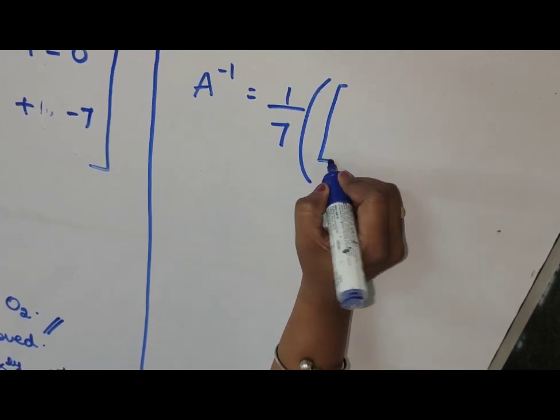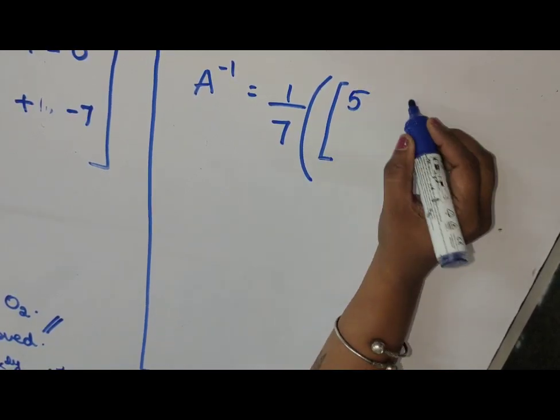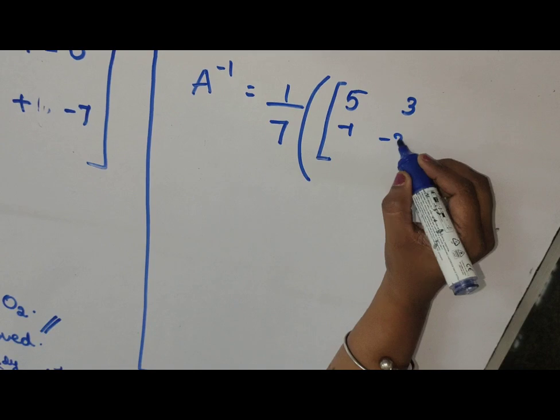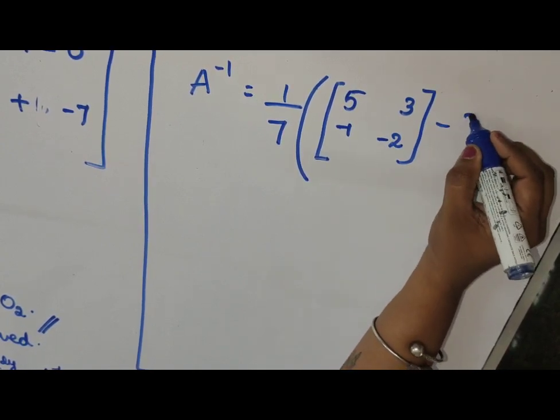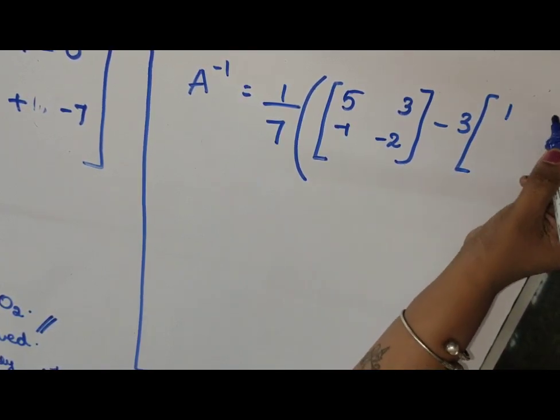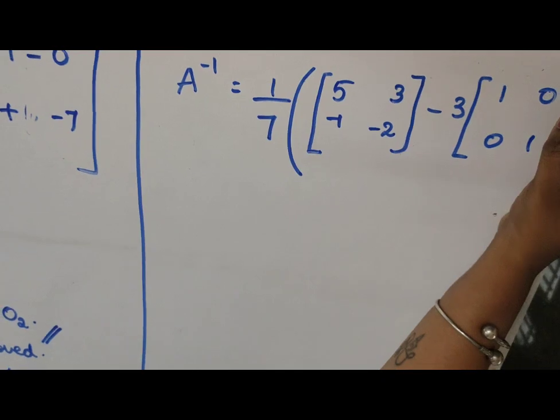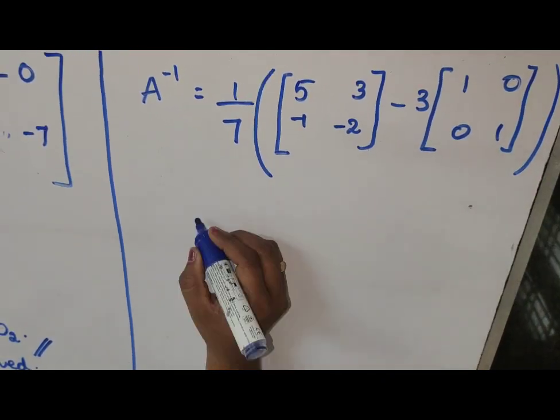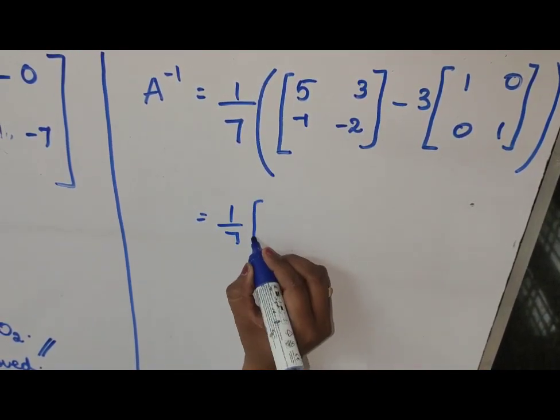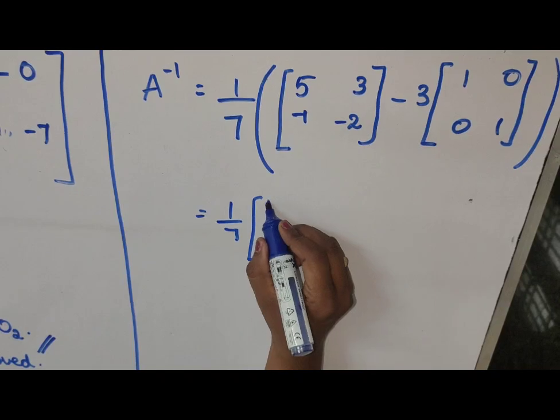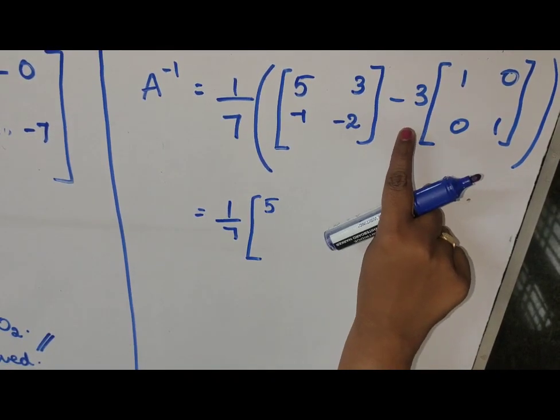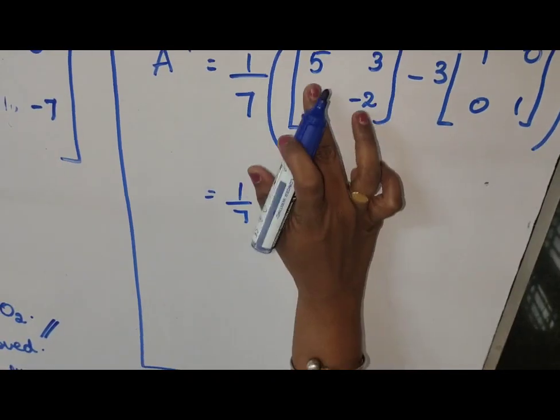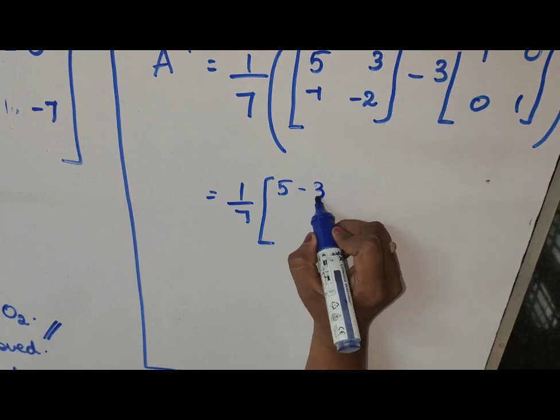A matrix is 5, 3, minus 1, minus 2, minus 3 into the identity matrix 1, 0, 0, 1. So next is 1 by 7, I will write it directly. First term is 5, minus 3 into 1 is minus 3.